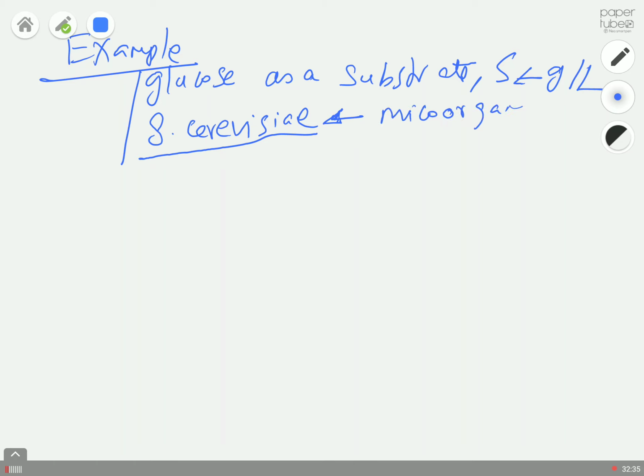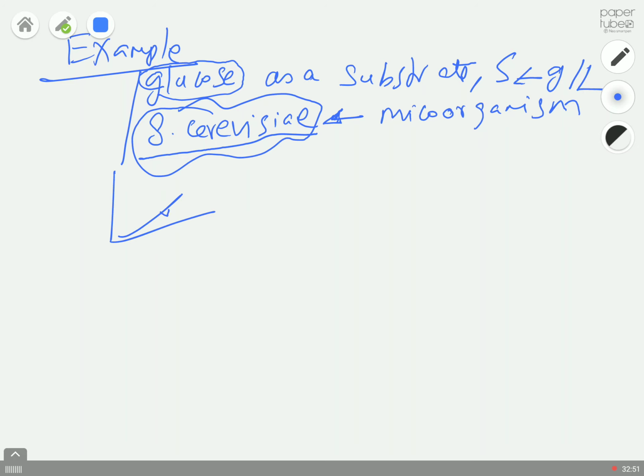The beauty of the Monod expression is that we really don't have to care about the name of the microorganism. All you need to care about is the pattern, how they grow. If they grow exponentially, you can get your specific growth rate, and from that you can relate how they grow as a function of substrate concentration using the Monod expression.